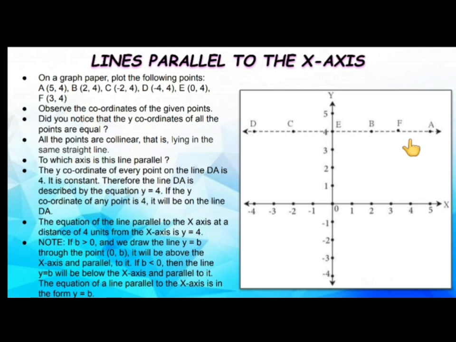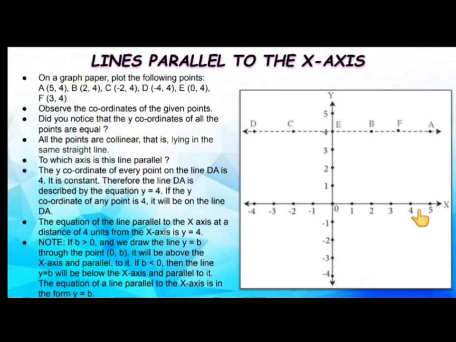So, if the y-coordinate is greater than 0, as we observe here, in this case our y-coordinate was 4. Since it is greater than 0, it will be above the x-axis. This is our x-axis and the y-coordinate is 4. So it will be above the x-axis and obviously it is parallel to the x-axis.